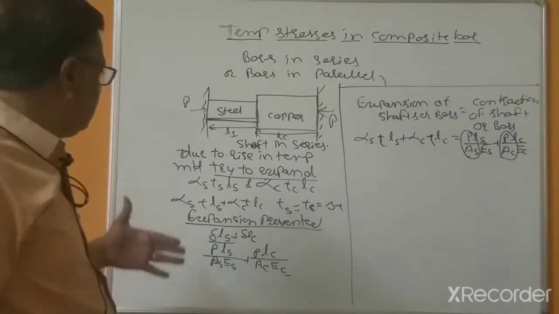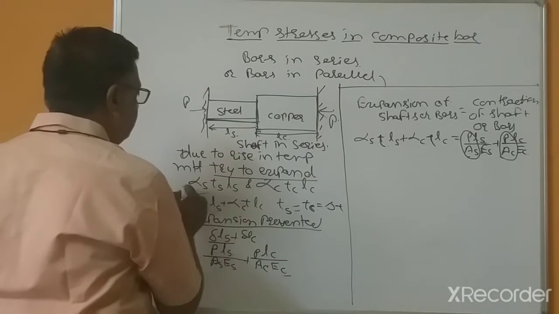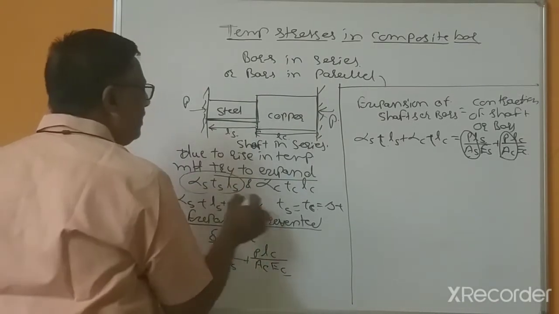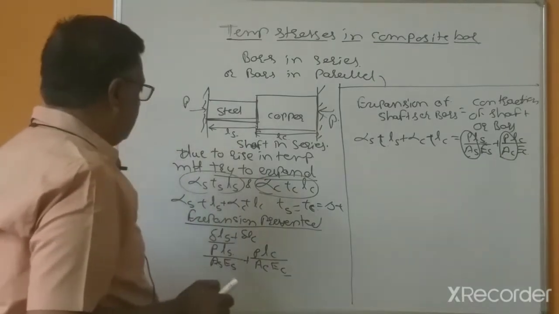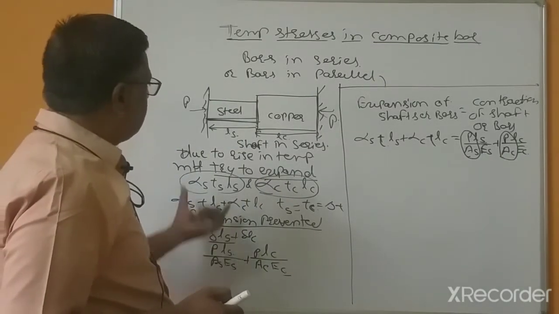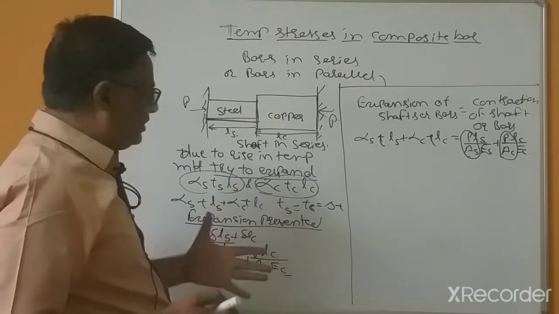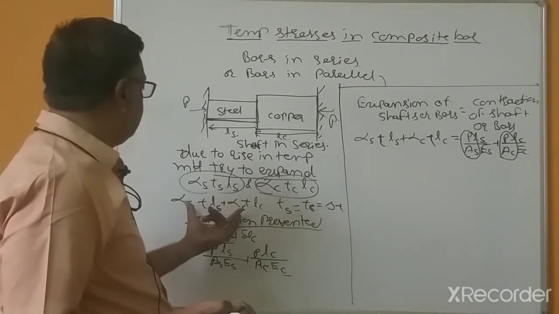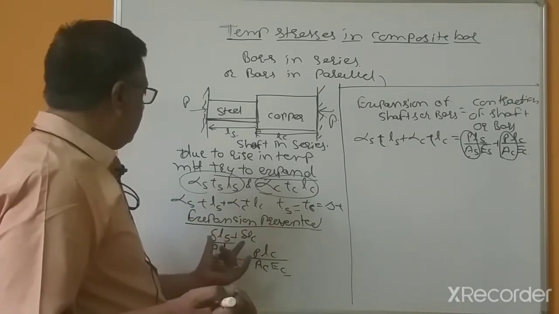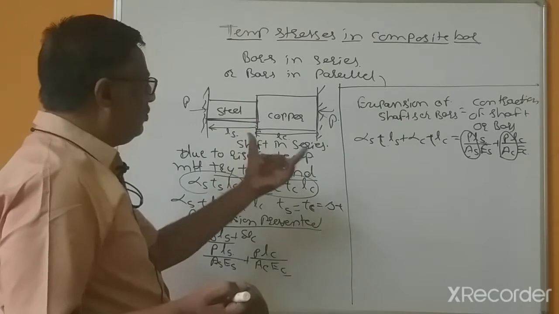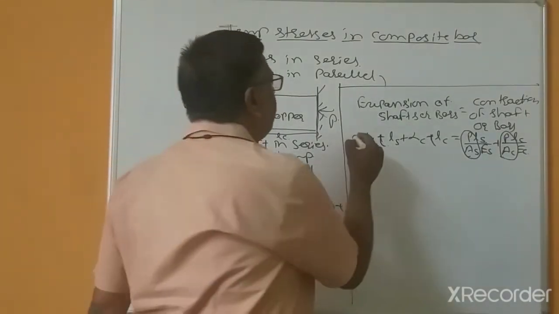Try to understand this: this tries to expand, the expansion of the steel material and the expansion of the copper material. Both expansions are prevented, so the expansion and the expansion prevented should be equated. So this is the final equation.